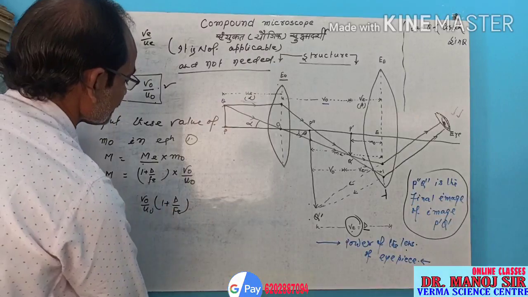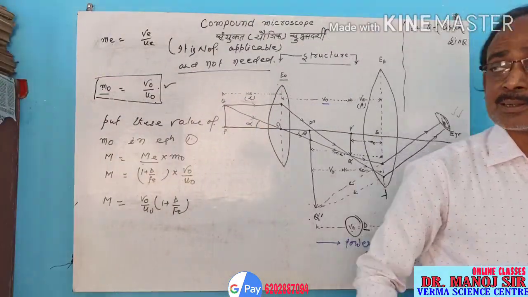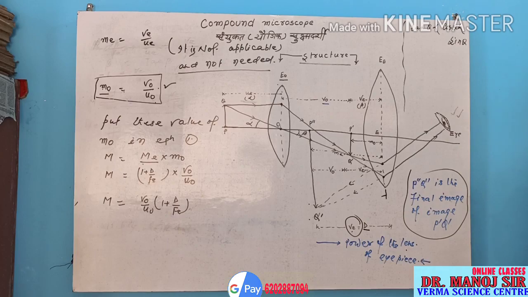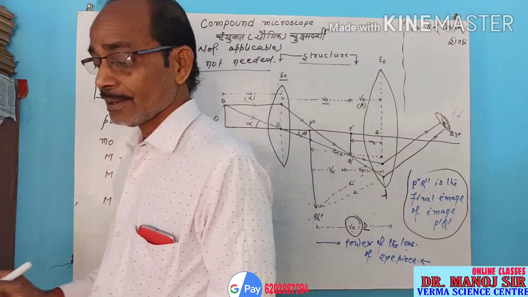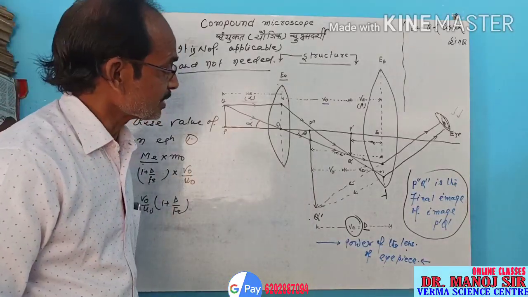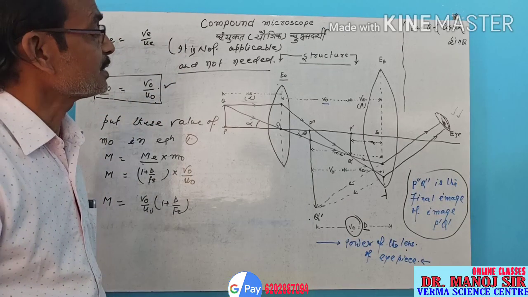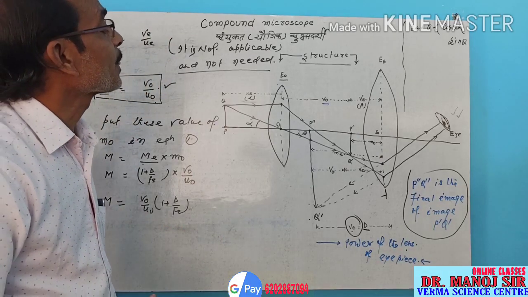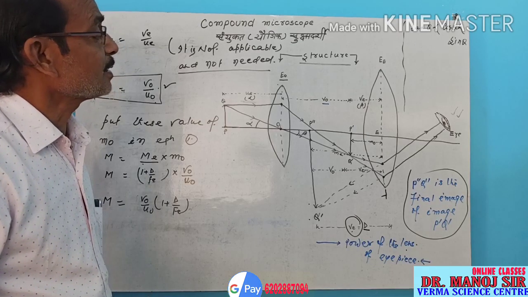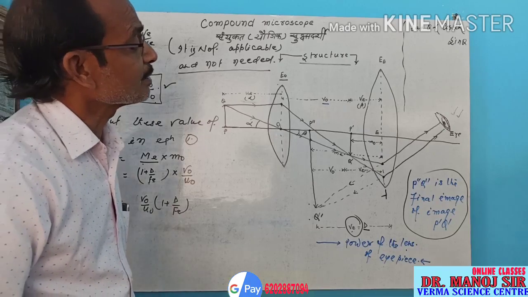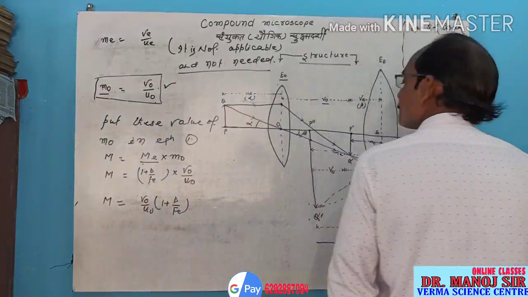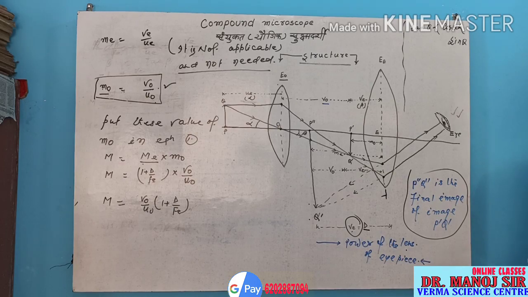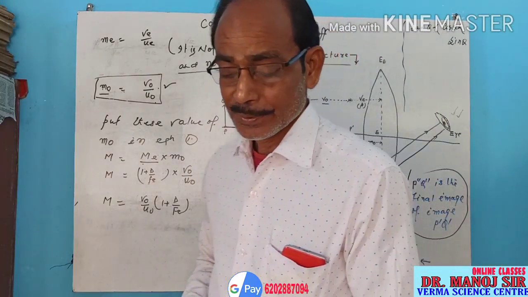This is the magnification of the compound microscope, which is applicable in laboratories, pathological places, detecting urine culture and stool culture, and testing of blood in the field of medical science and also in engineering science.